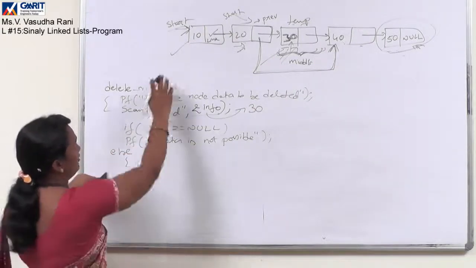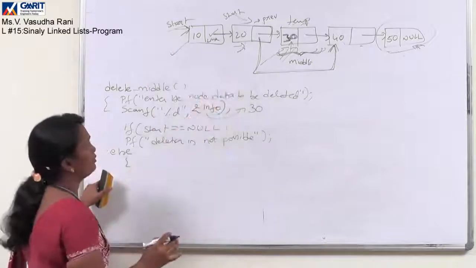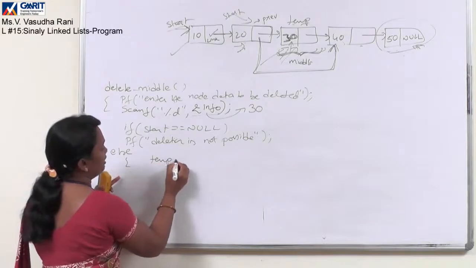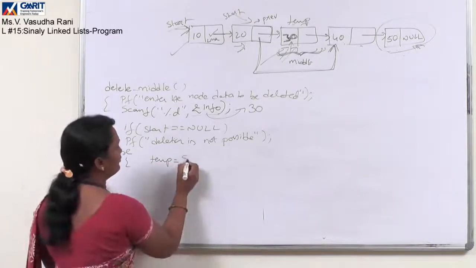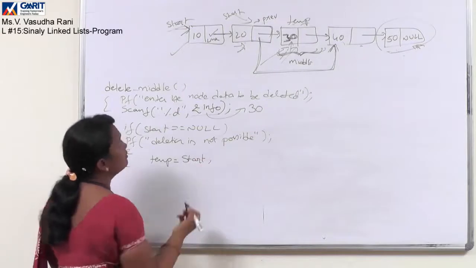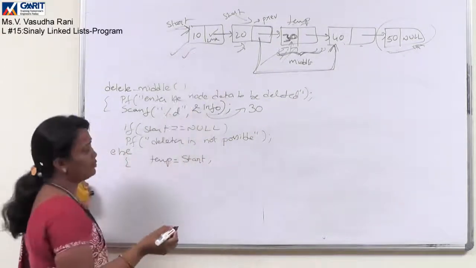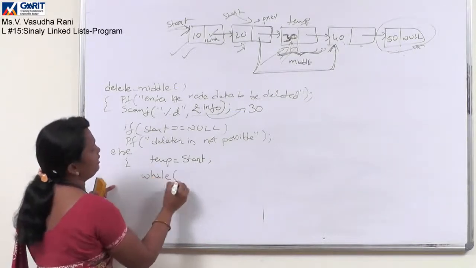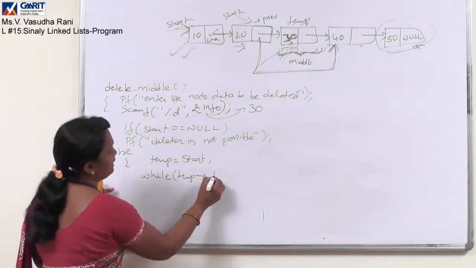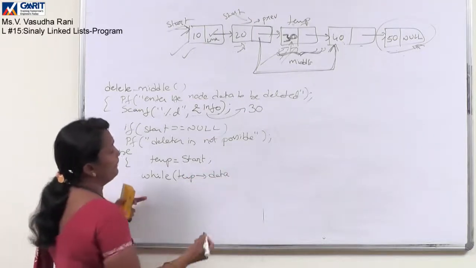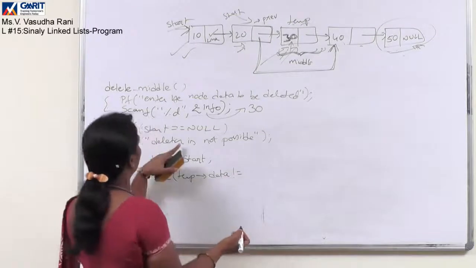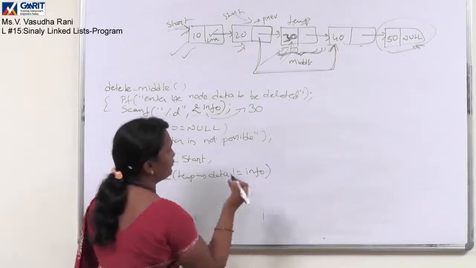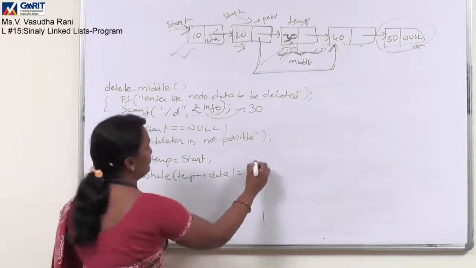it is our case. Now we have to traverse our list from the start node to that particular node. For that, what we can do, we have to take a temporary temp pointer which is assigned with the address of the first node at start, and we have to traverse our list now while temp data is not equal to this particular information 30. So it is not equal to that information.